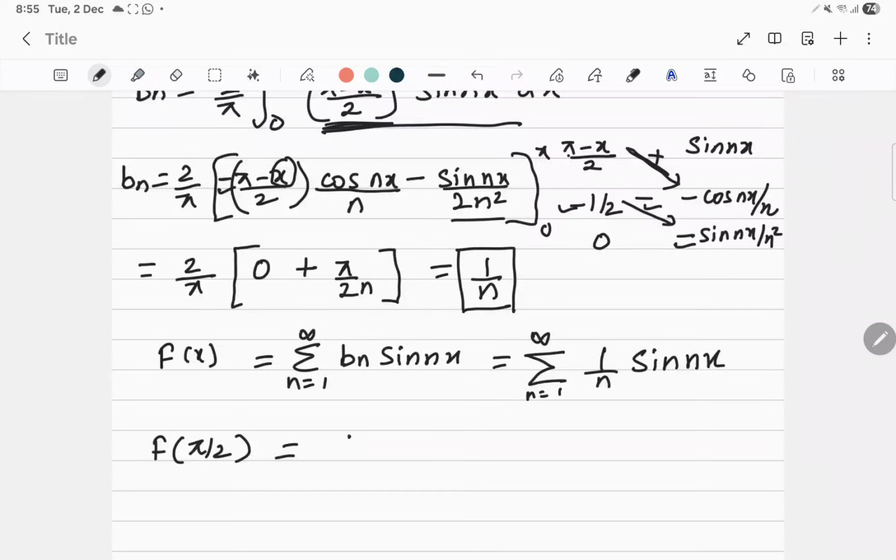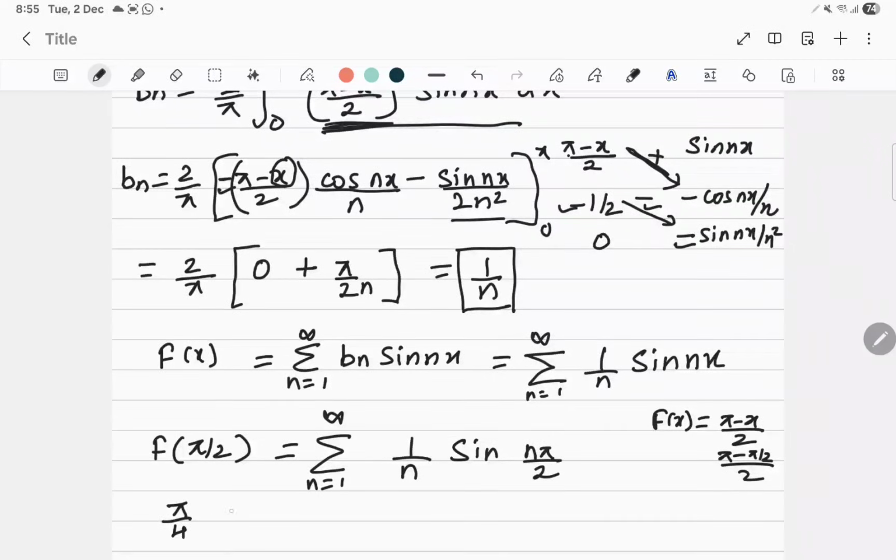Okay. So this side I will have summation n equal to 1 to infinity, 1 by n sine of n pi by 2. Correct? Now, what is the question? f(x) is equal to (pi minus x) upon 2. So here if I put (pi minus pi by 2) upon 2, what will I get? Pi by 2 by 2, that is pi by 4.